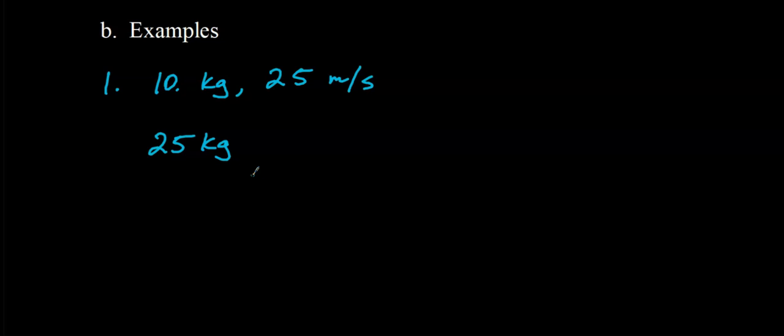Predict what its velocity will be compared to 25 meters per second, and then go ahead and do the calculation. So again, we're assuming that the kinetic energy of the first object is equal to the kinetic energy of the second object. Again, kinetic energy can be calculated by using the formula 1/2 mv squared. Go ahead and calculate the velocity of the 25 kilogram object. Go ahead and pause now.